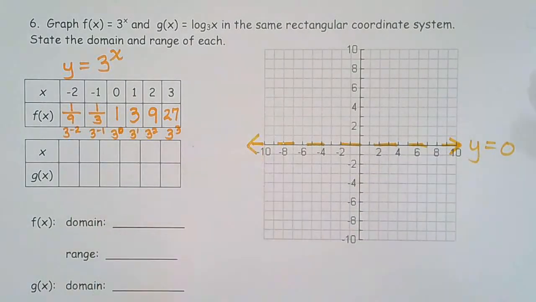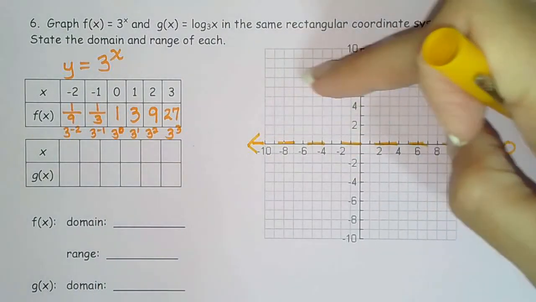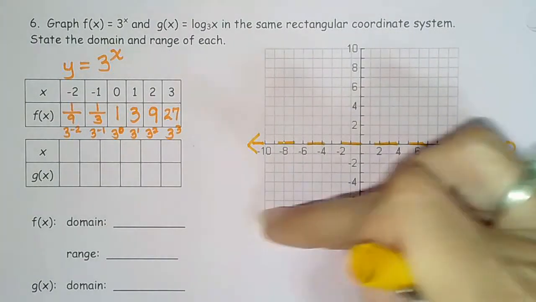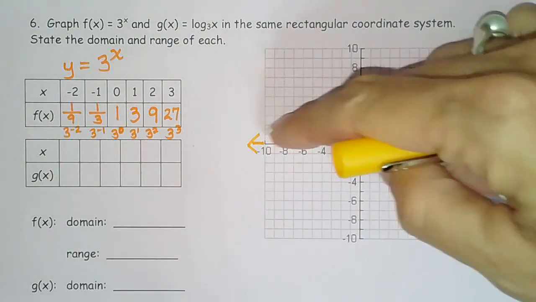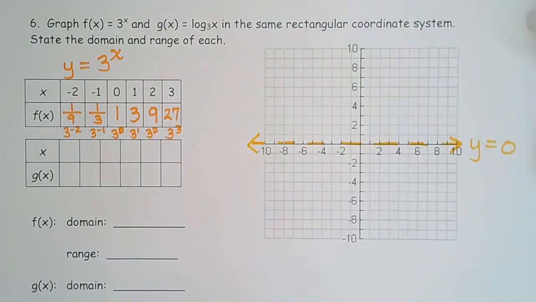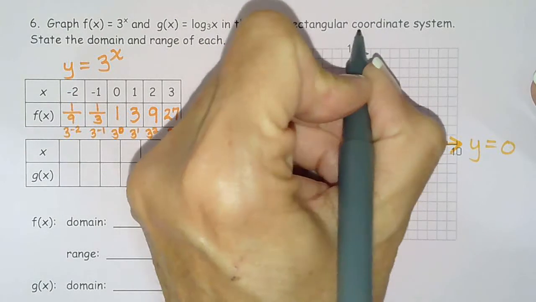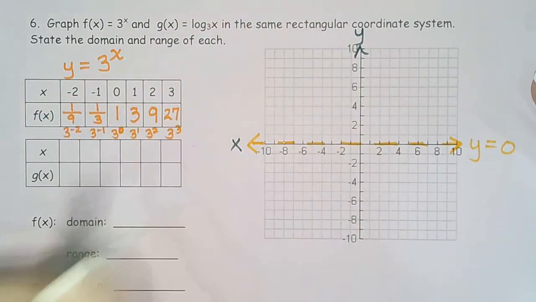So horizontal lines are always y equals because they go through just the y-axis. Well, this one lies on the x, but most horizontal lines only go through the y-axis. So they're called y equals, and let's label our axes too.